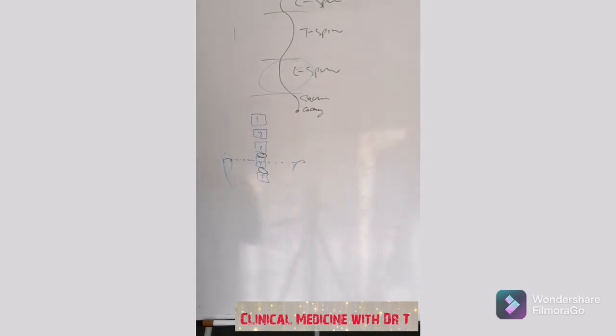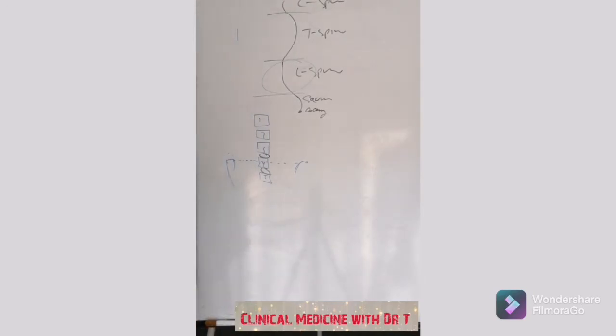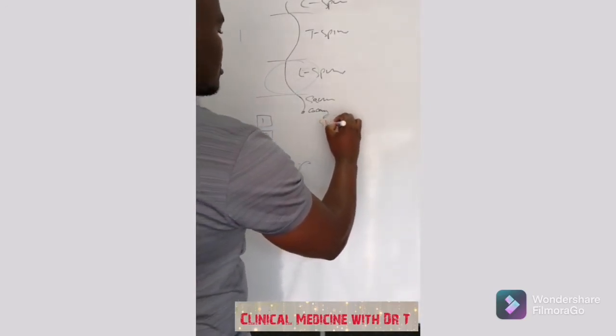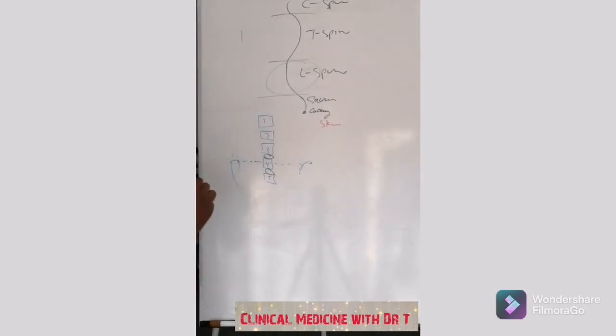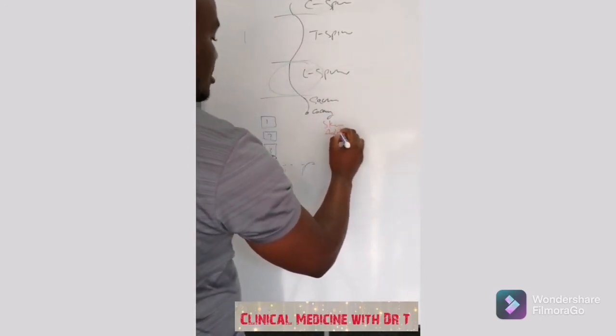I know in the exams they like to ask, especially students, what layers do you go through as you push in your needle there. The first layer that you're gonna go through is the skin. The next one will be your adipose or your subcutaneous.